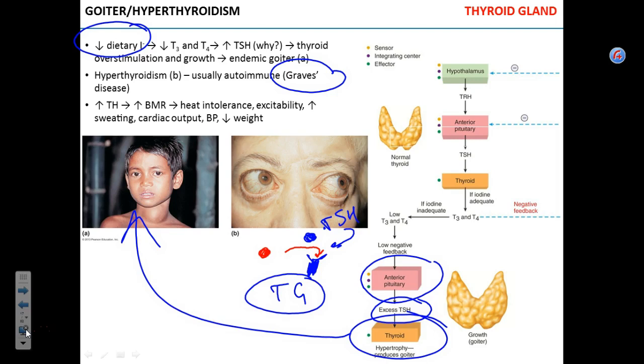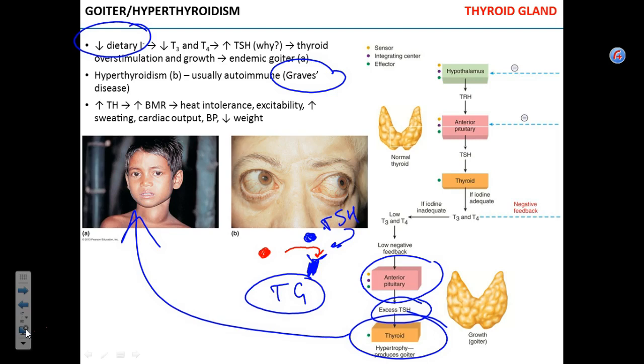So what patient has is the constant overstimulation of thyroid gland. This constant overstimulation of thyroid gland that is completely independent of pituitary and hypothalamus, how will it affect the level of thyroid hormone? Overstimulation of thyroid gland will increase thyroid hormone. That's right.